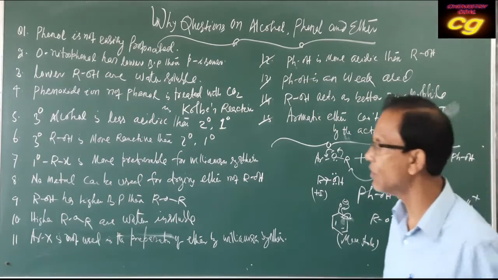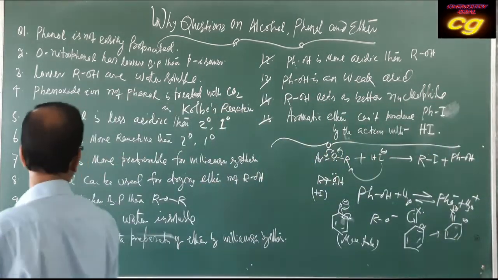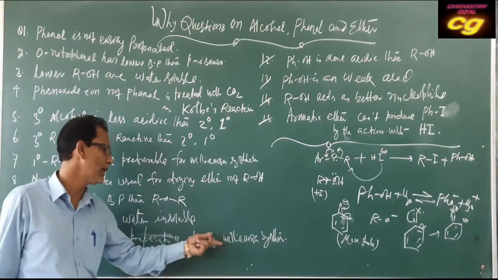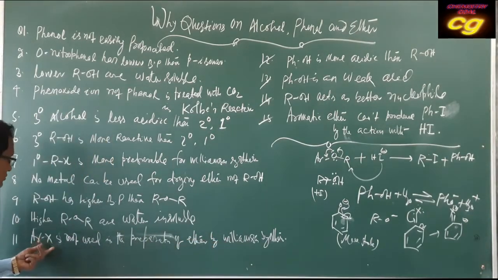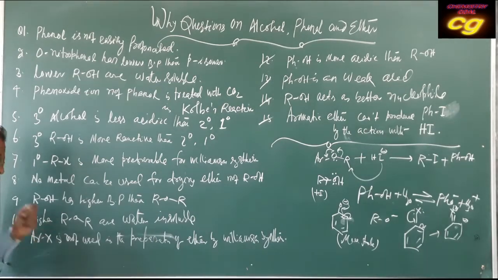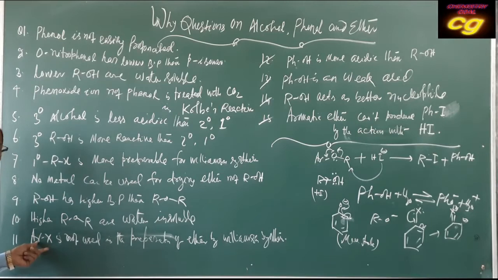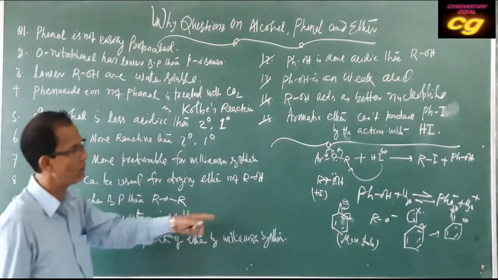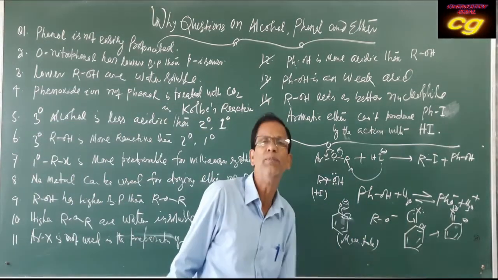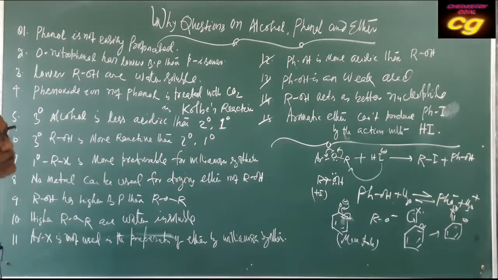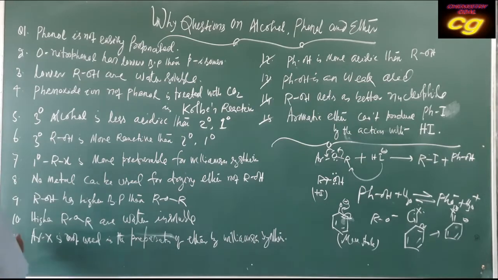That's why it cannot be substituted by a nucleophile. Your answer is like this: the nucleophile cannot easily substitute in haloarene due to the double bond nature of halogen with the benzene ring. That's why it does not show nucleophilic substitution reaction easily. Clear?